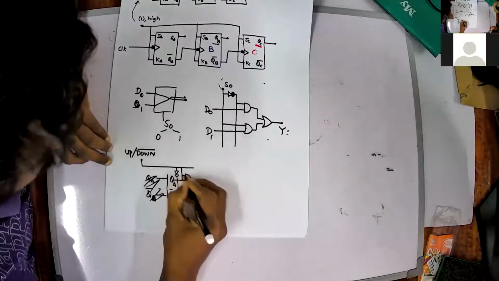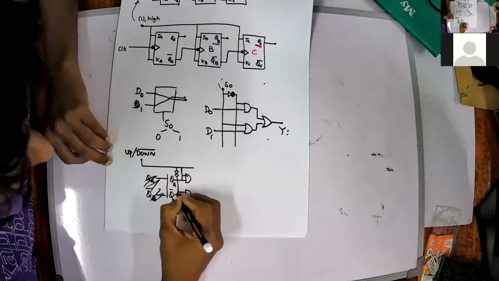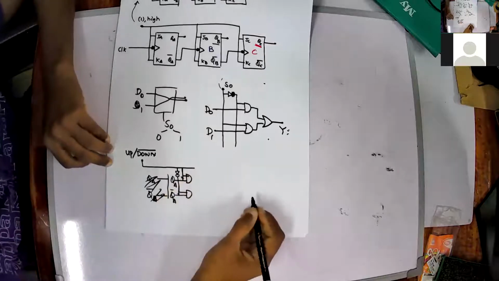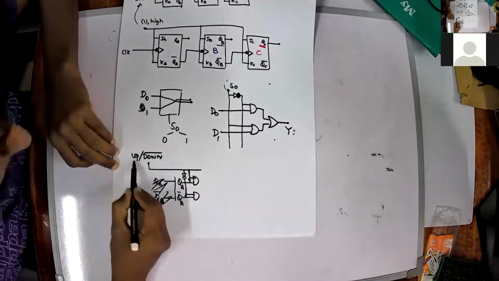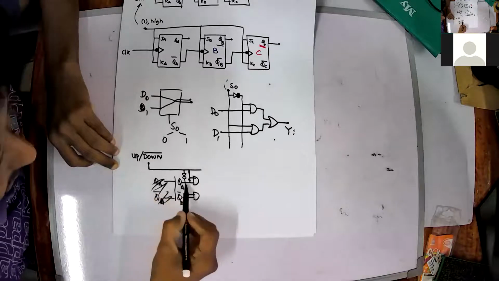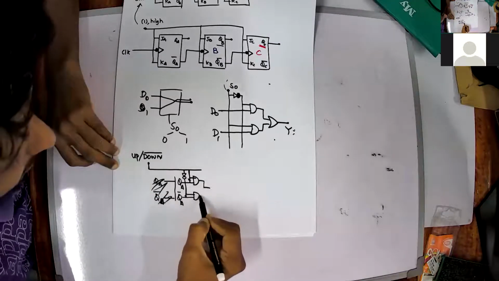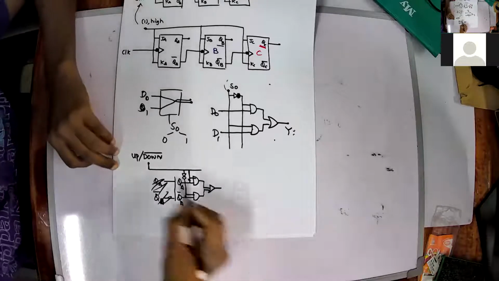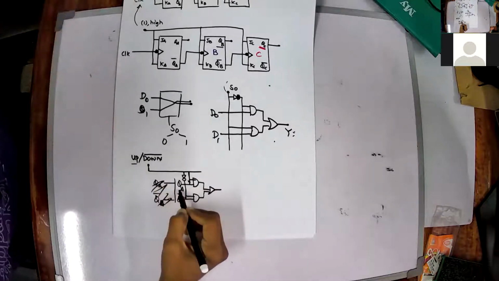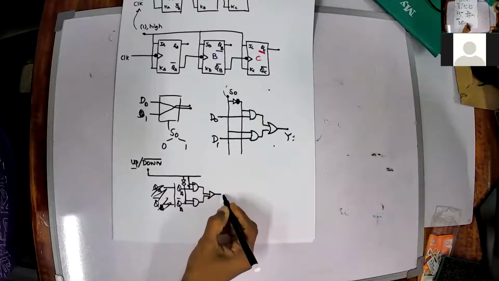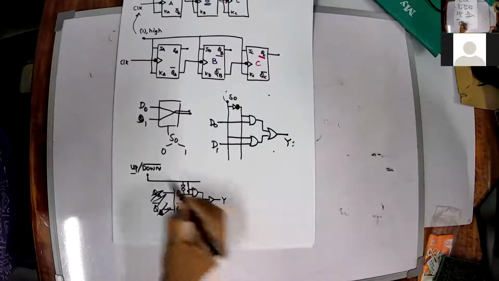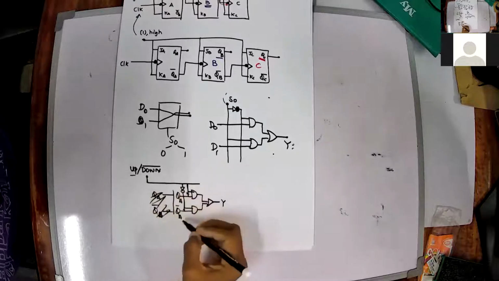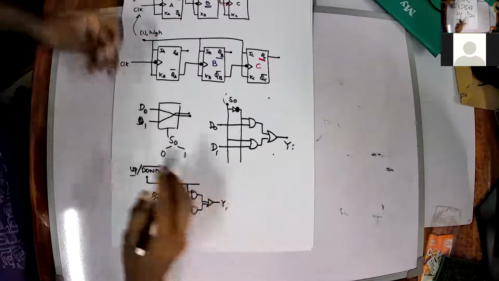Clear? If this is high, then QA will be the Y. Up means QA will be your Y, and if it is 0 or down, QA bar will be your Y.